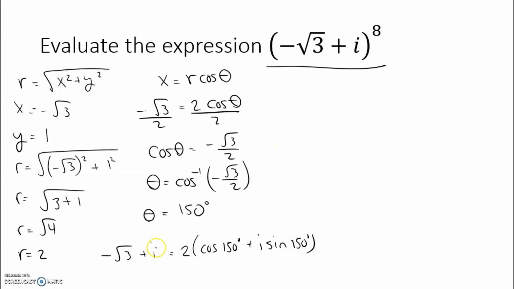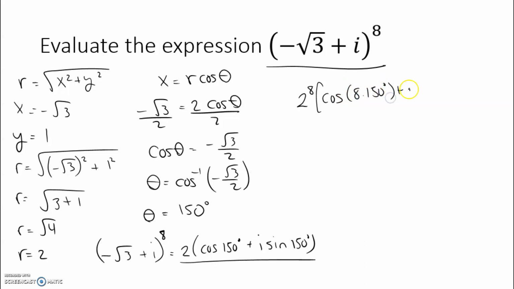So what we're trying to do is raise this complex number to 8. So what we need to do for our polar form is this right here. We're going to raise the 2 to 8, and then cosine of 8 times 150 plus i sine of 8 times 150.